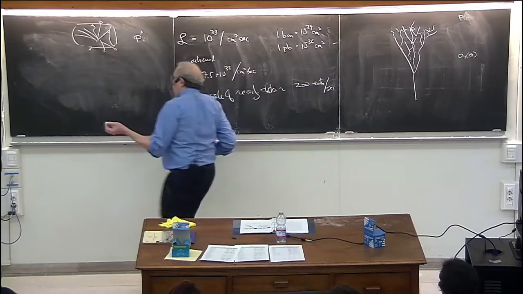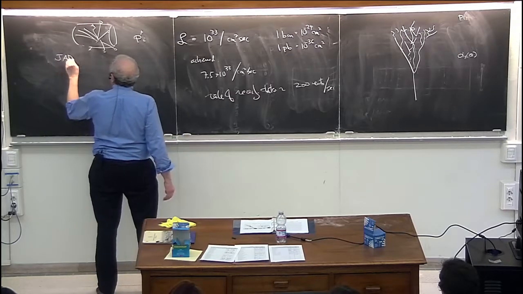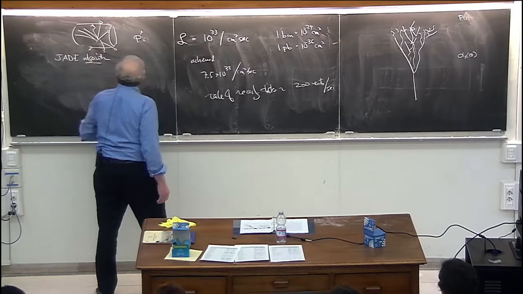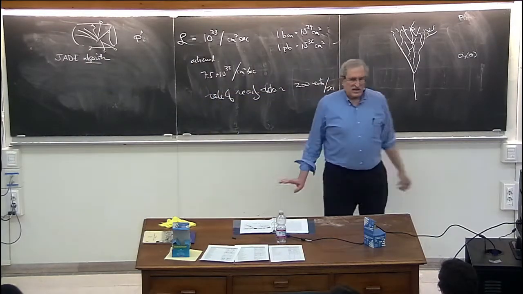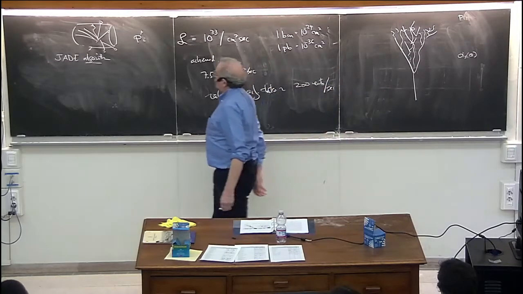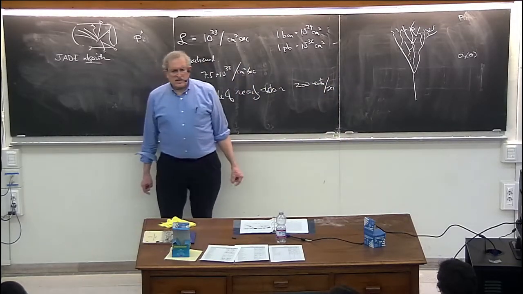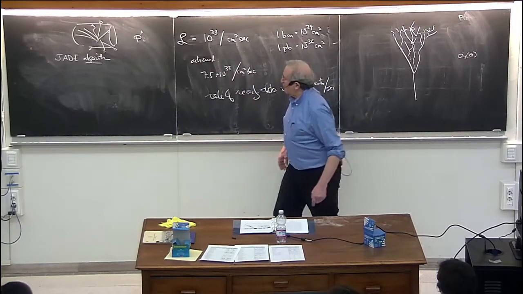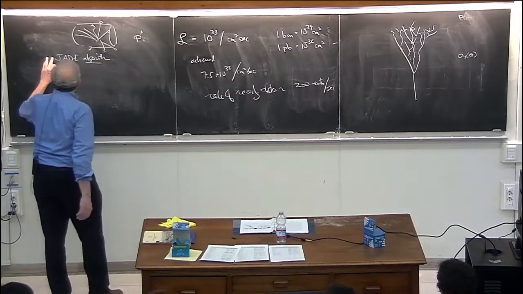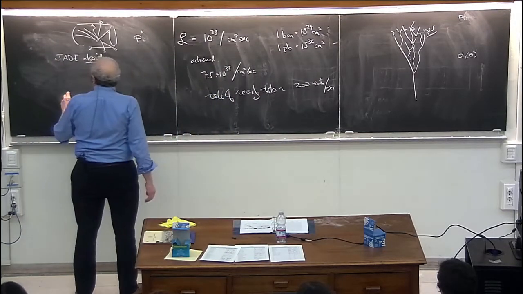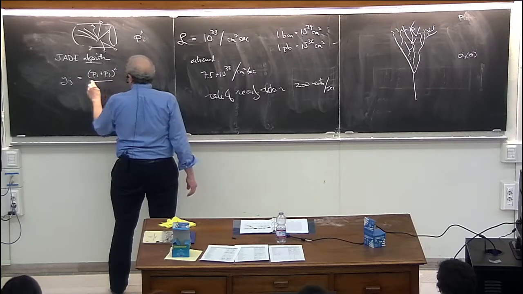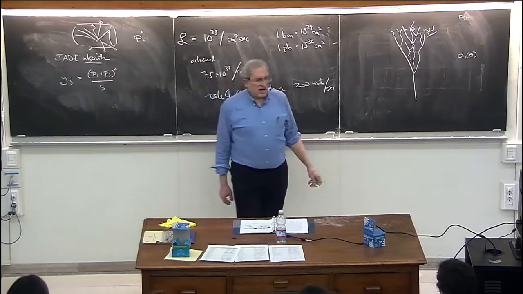So one very simple way to do that is something called the JADE algorithm. This was developed in the experiment called JADE at DESY in the 1980s. Actually, there's one of the big experts on QCD, a fellow named Siggi Bethke, when he was at the beginning of his career, played a big role in the development of this algorithm. Let's define y_ij to be (p_i + p_j) squared divided by the total center of mass energy in the reaction.